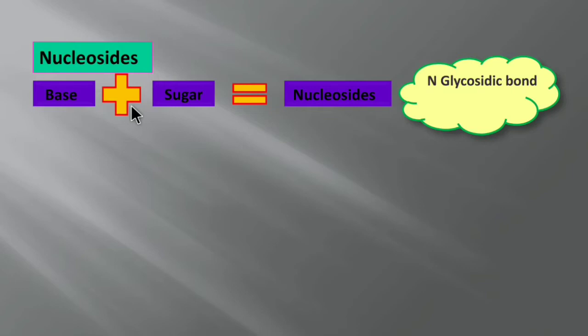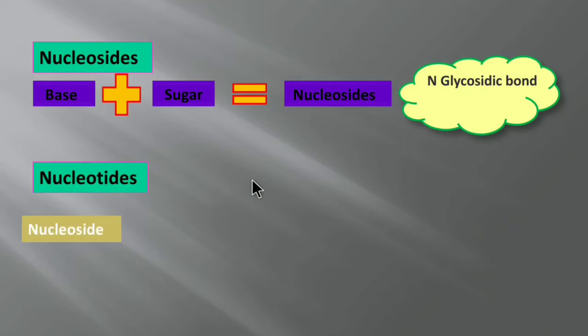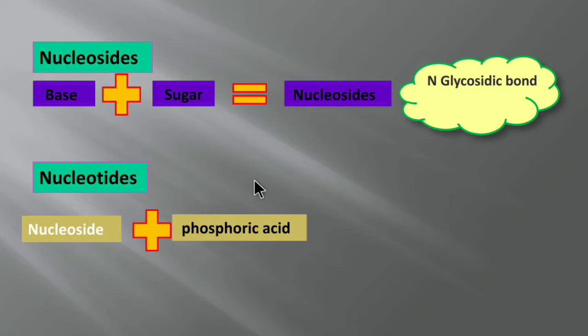Soon after the formation of nucleoside, nucleoside combines with the phosphate group or phosphoric acid to form nucleotide. And again, you remember one thing. In between nucleoside and phosphoric acid, a bond formation takes place, and that bond we call a phosphoester bond.